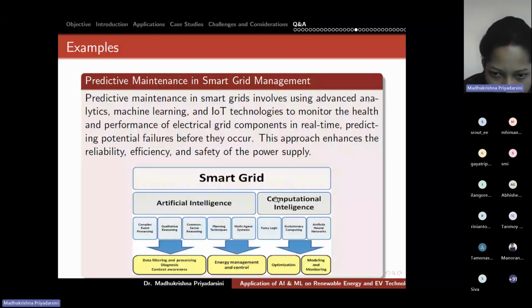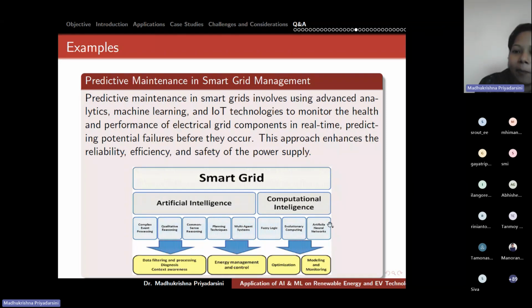And artificial intelligence and computational intelligence: we have already seen what artificial intelligence is. Now coming to computational intelligence, it takes the features of artificial intelligence as well as adds other features of computation. You can see the examples given here: fuzzy logic, artificial neural network. Fuzzy logic is a different computational model.